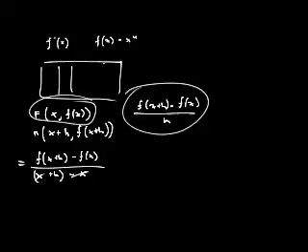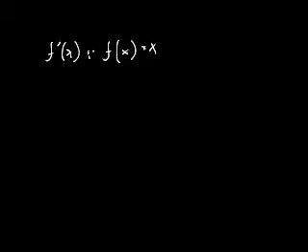So now let's go through and work this for our current plan. So we had f prime of x, and we're using the function f of x equals x to the 4th.